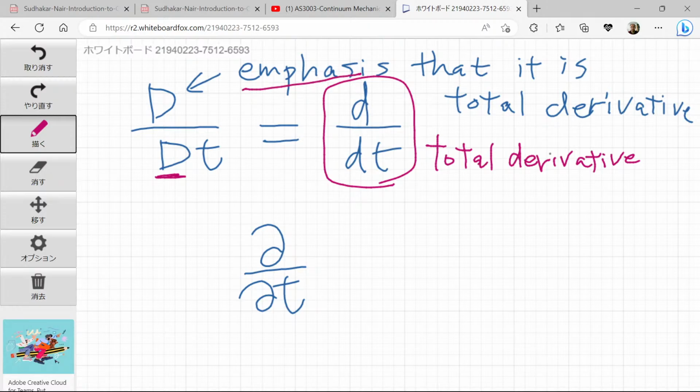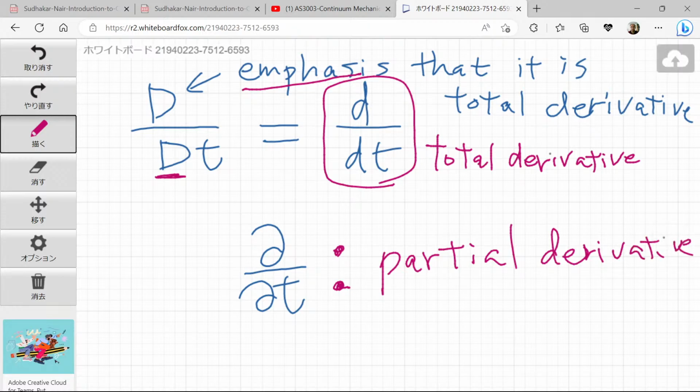And the other one is the partial derivative. Okay, so that's it.